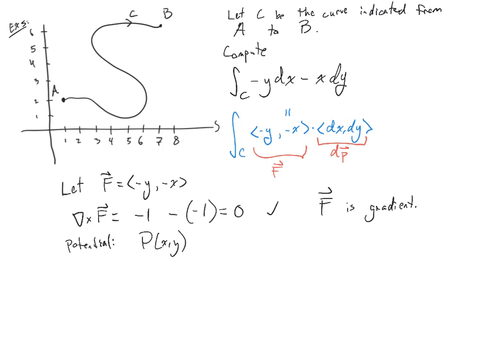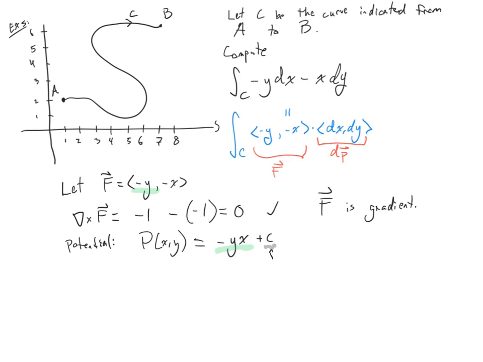In order to have its x derivative be minus y, it kind of looks like it has to be minus yx, maybe plus a constant. So I'm just getting that by analyzing what's happening on this first coordinate. So for that to be my F x coordinate, I kind of have to have something like this, plus a constant with respect to x.